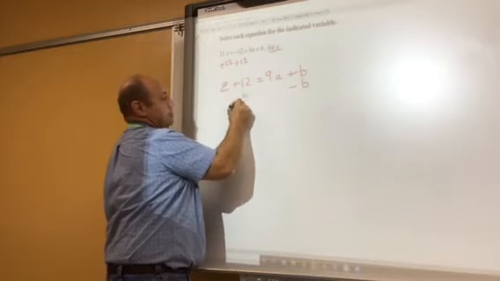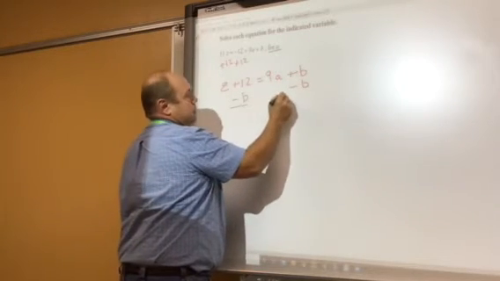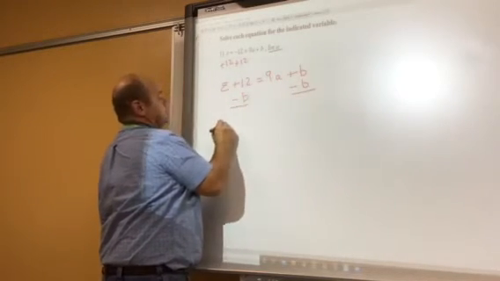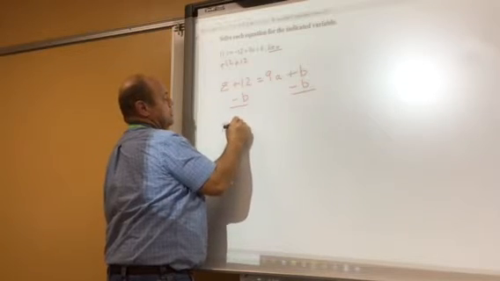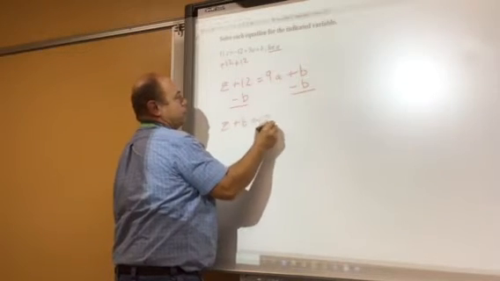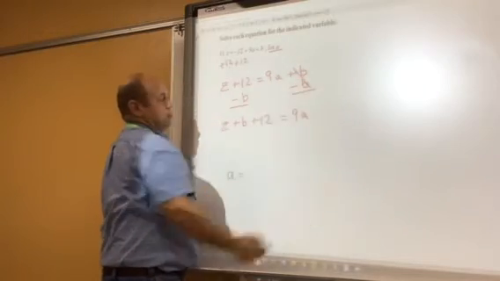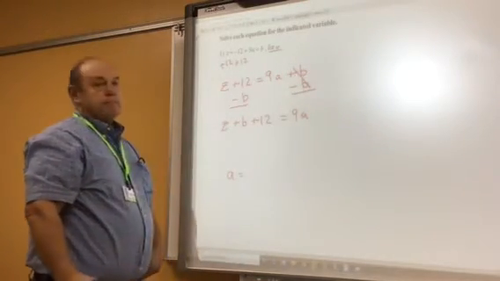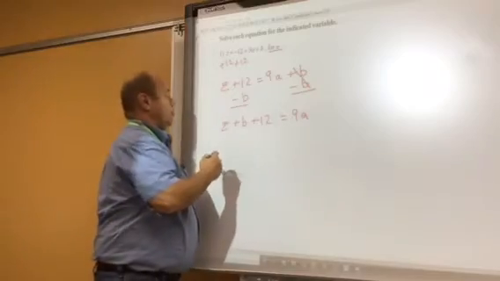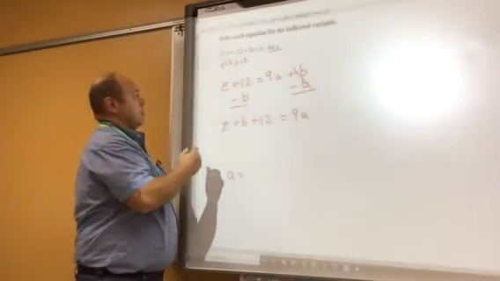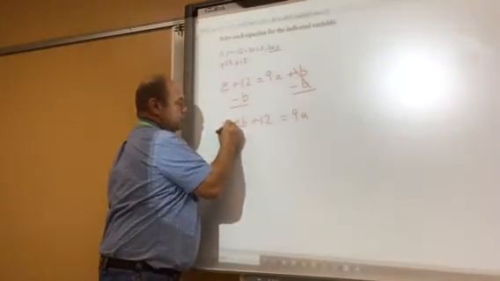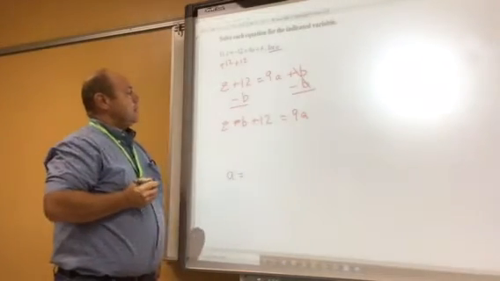b on both sides. And so now I would have z plus b plus 12 equaling 9a, because these would cancel. And now I have a multiplier of minus b. I'm sorry, minus b. Thank you very much, Mr. Matheney. My fault.